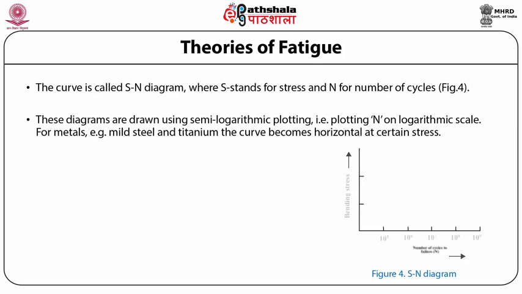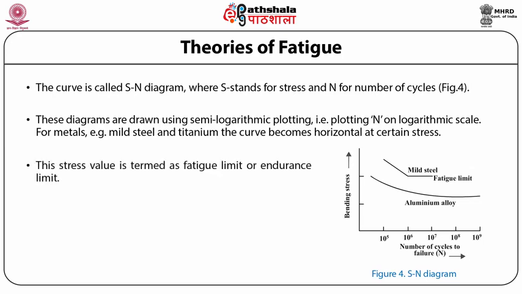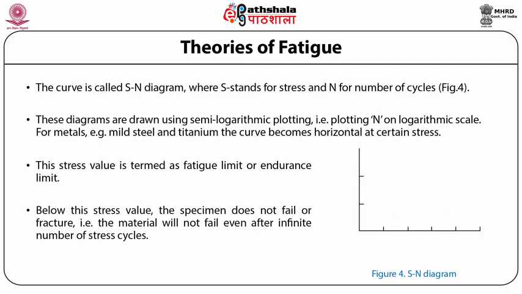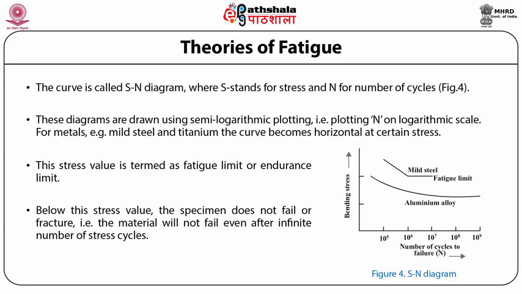For some metals, for example mild steel and titanium, the curve becomes horizontal at a certain stress. This stress value is termed the fatigue limit or endurance limit. Below this stress value, the specimen does not fail or fracture. That is, the material will not fail even after an infinite number of stress cycles.